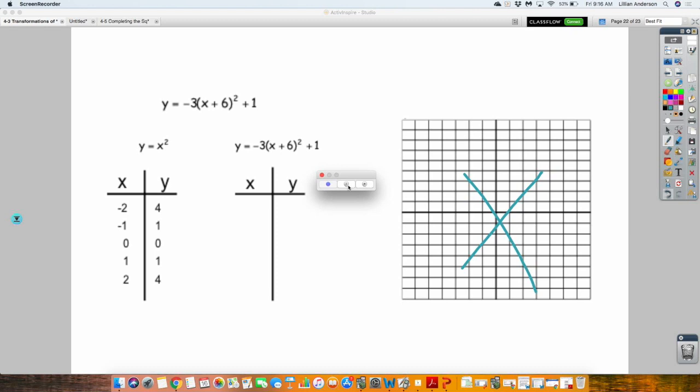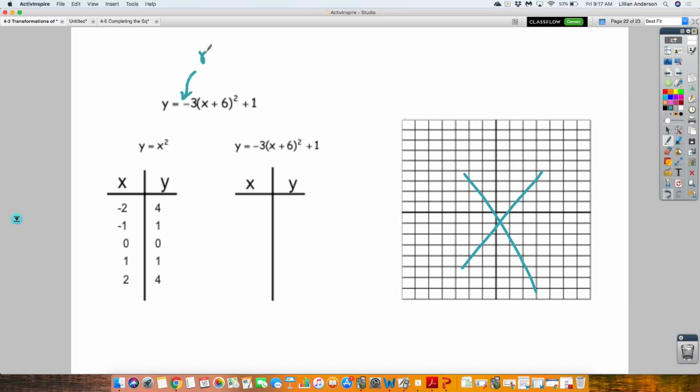Now, because if you think about a reflection over your y-axis with a quadratic, it's the exact same thing. And then, like, to try to distinguish between the two, it's rare. It's going to be written in the way that it needs to be written. All right, so for this one, 4 transformations. What's one of them? Reflection over the x-axis. That negative indicates that there's a reflection over the x-axis.